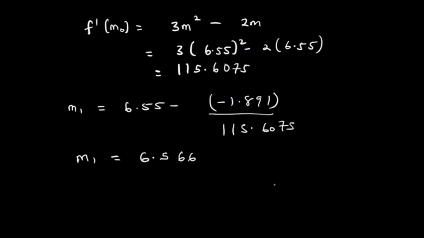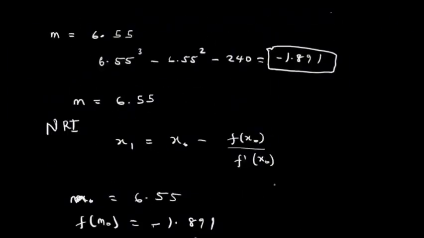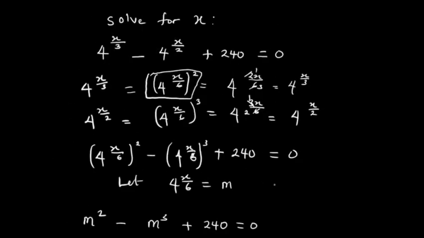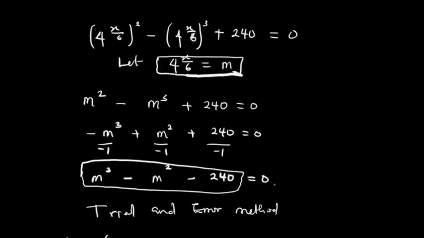But we know that m is equal to 4 to the power of x over 6, right? We assumed that earlier. Here we said m is equal to 4 to the power of x over 6. So I brought it back.